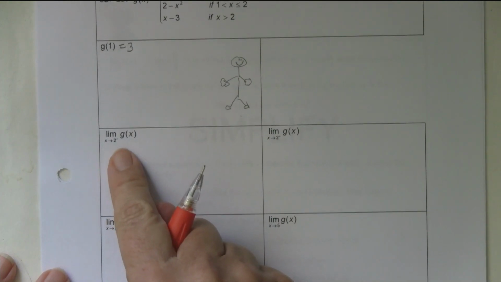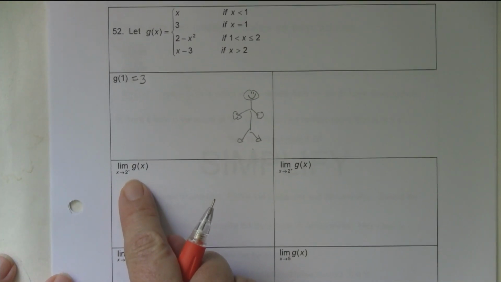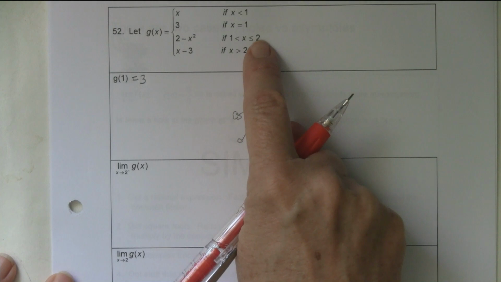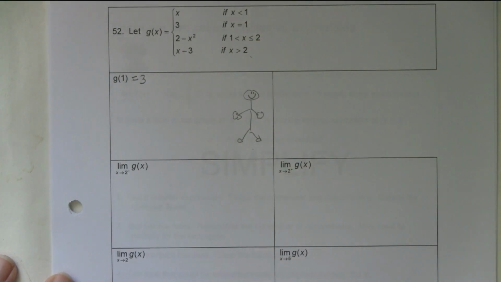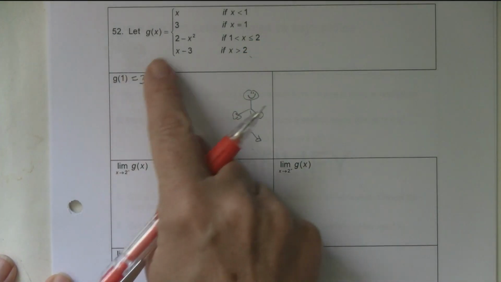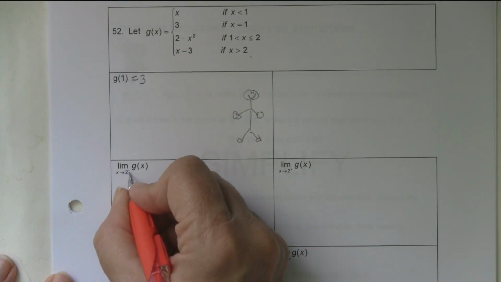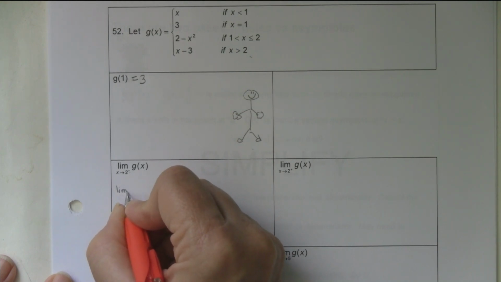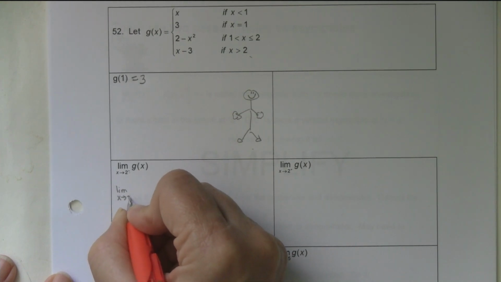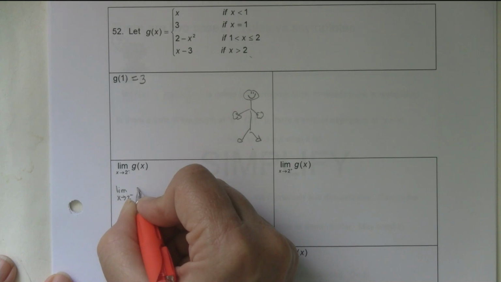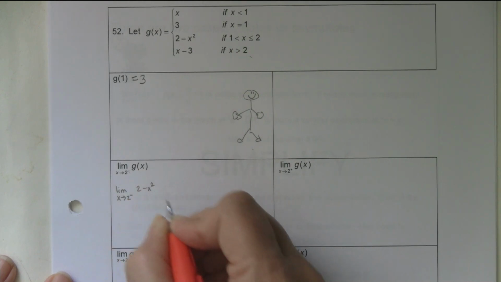Okay, so now if I'm going to 2 from a little bit smaller than 2, then I would use 2 minus x squared. This is not saying from both sides, this is saying from one side only. So this would be the limit as x goes to 2 of 2 minus x squared.